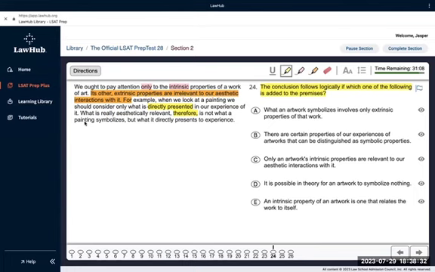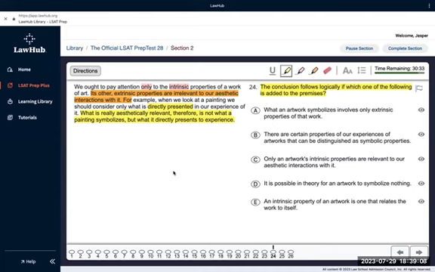This one's tricky. I think it's tricky to identify the last sentence as the conclusion. It might seem like the example is supporting the first two sentences, but when we look at the last sentence, the word "therefore" is really telling us that what comes before is the reasoning that supports the statement being made.